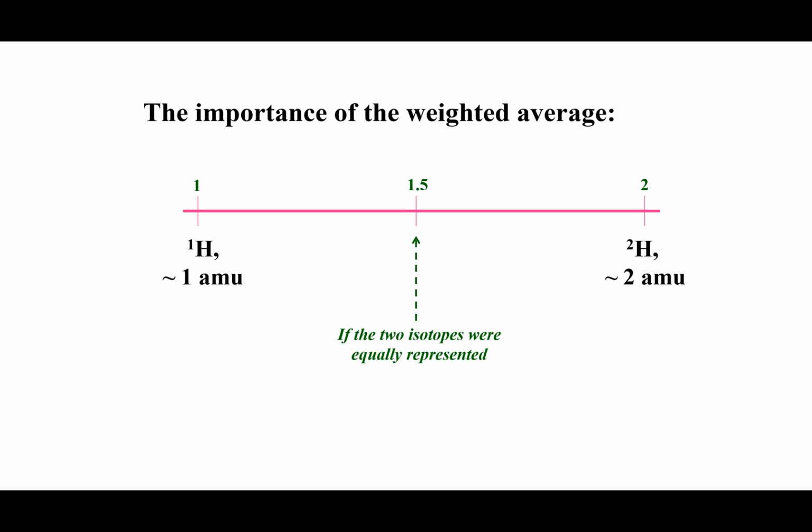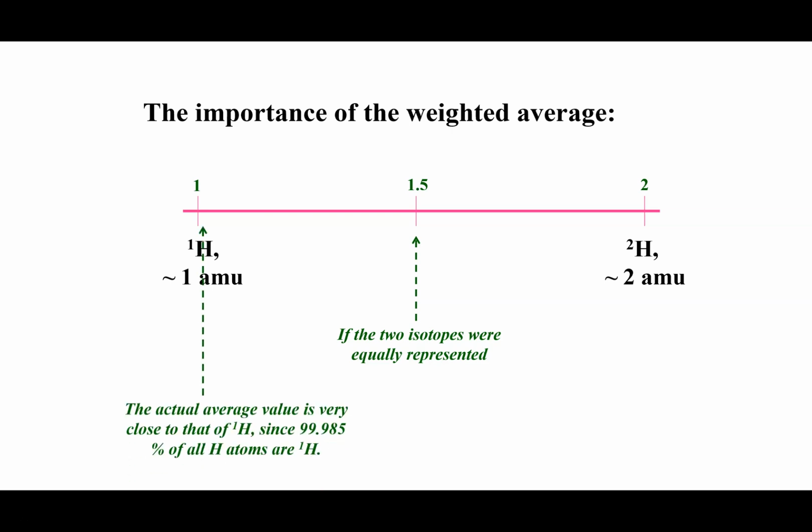A simple average, if you take about 1 for the most abundant isotopic form, plus about 2 for that deuterium, you get 3. 3 divided by 2, a simple average gives you 1.5 AMUs. But this one's so much more abundant that that's why we're at 1.008 AMUs for the weighted average.